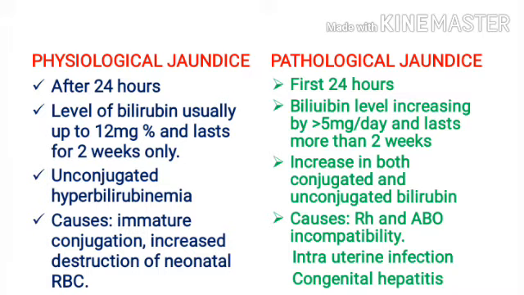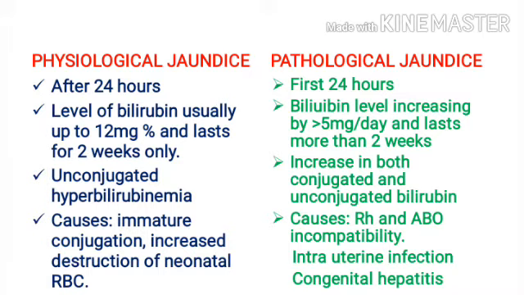Then in physiological jaundice, level of bilirubin is usually up to 12 milligram percentage and lasts for 2 weeks only. But in pathological jaundice, there is a more increased level of bilirubin with a rate of more than 5 milligram per day, and it lasts more than 2 weeks. So physiological jaundice lasts only for 2 weeks.